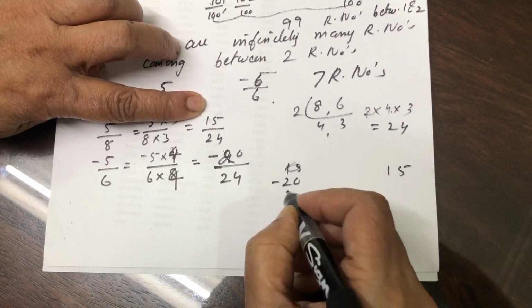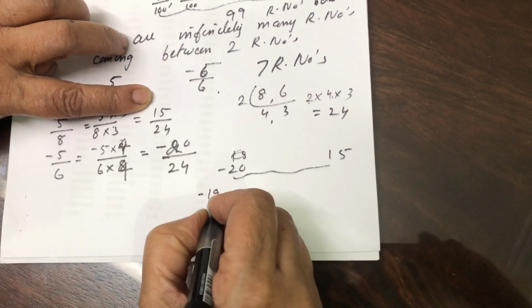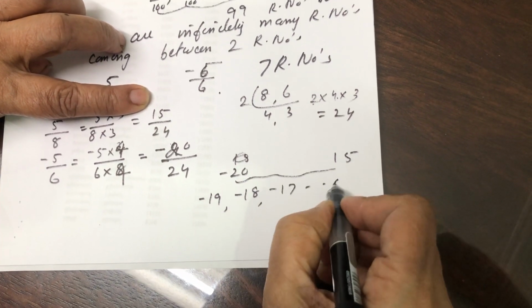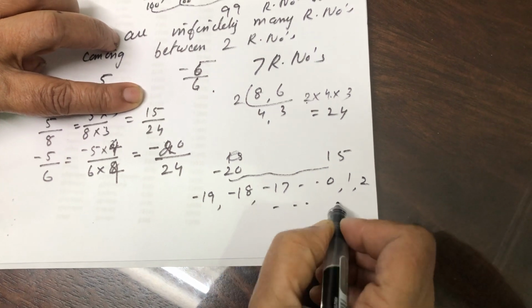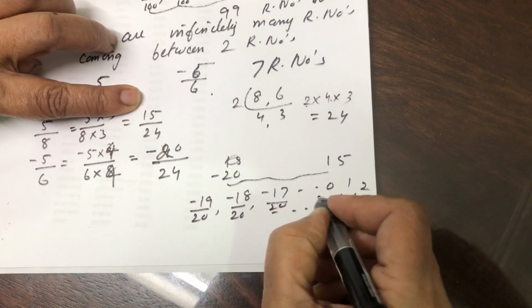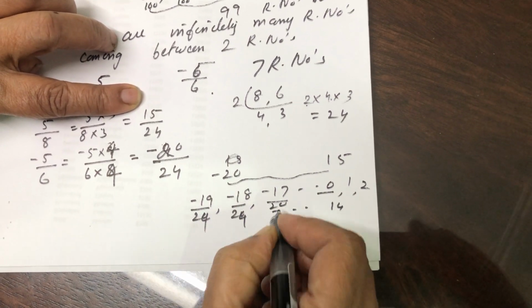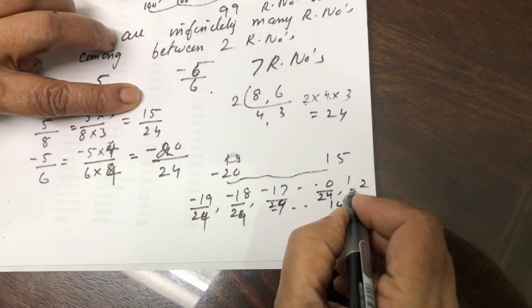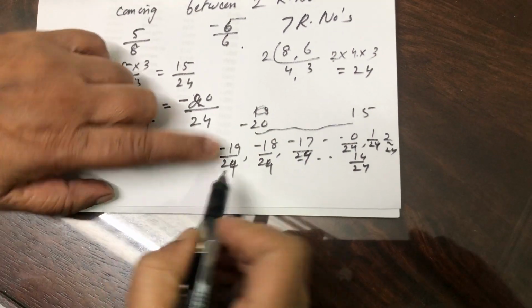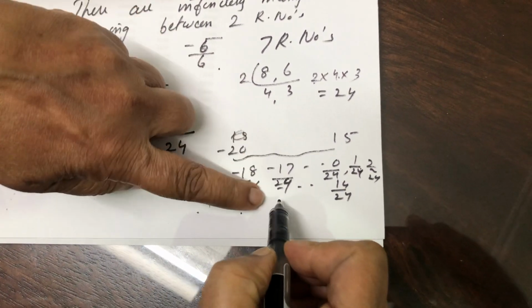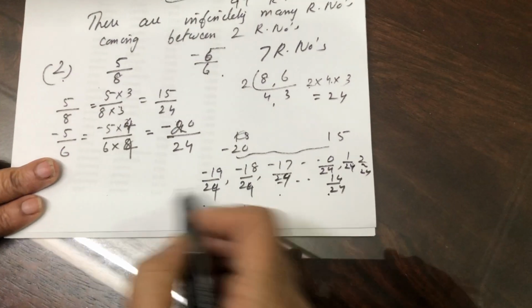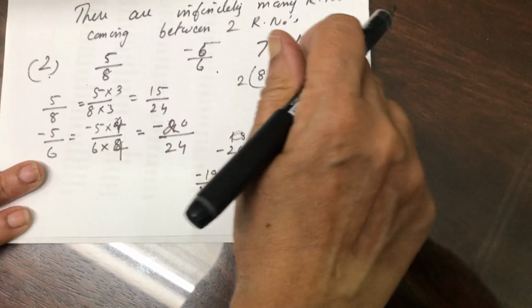In between this, there are minus 19, minus 18, minus 17, up to 0, 1, 2, up to 14, all divided by 24. So minus 19 by 24, minus 18 by 24, minus 17 by 24, minus 16 by 24, 0 by 24, and so on. So many rational numbers you can write, but we want only 7.